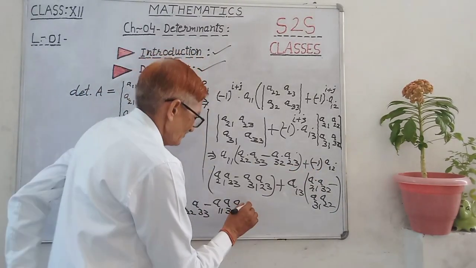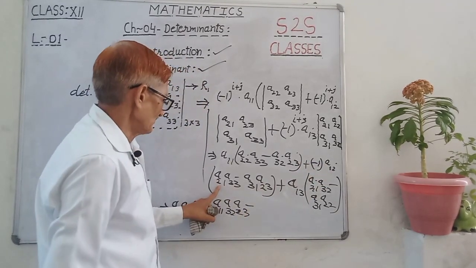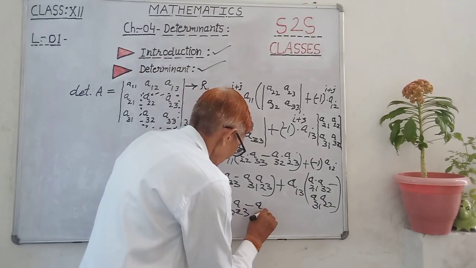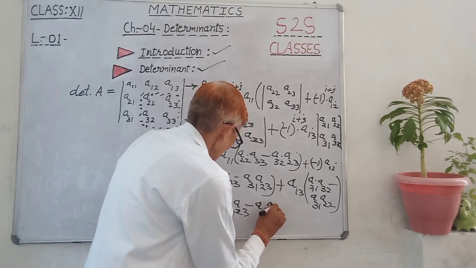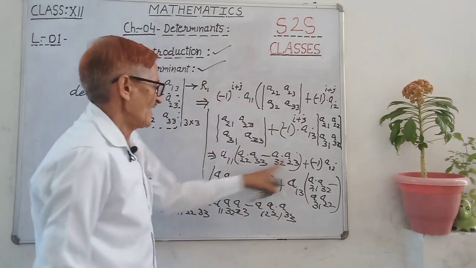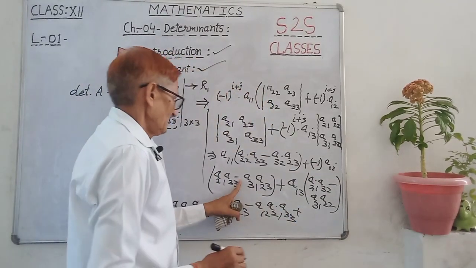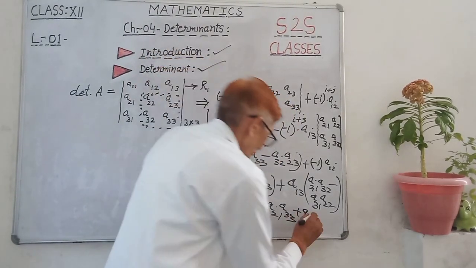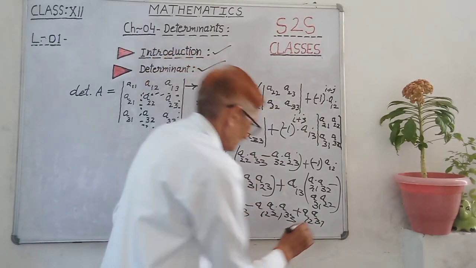Minus 1 यानी minus A12 into this, तो minus A12 into A21 into A33, minus 1 से मल्टीप्लाई, तो माइनस माइनस प्लस A12 A31 A23.